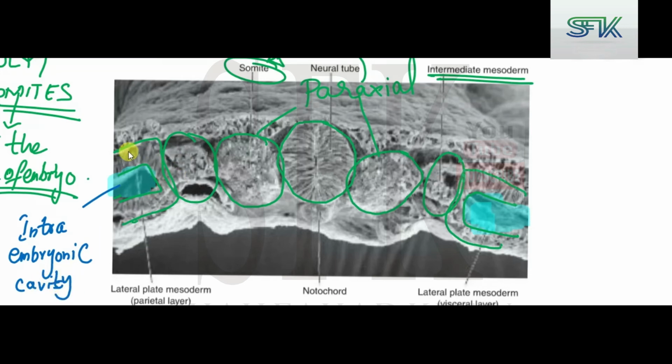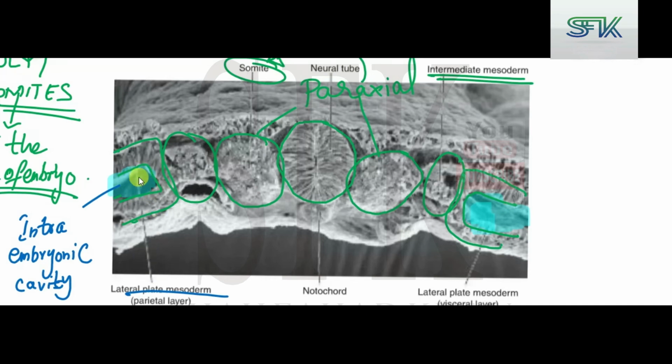Remember, when the lateral plate mesoderm divided into the parietal mesoderm and the splanchnic mesoderm, a cavity formed in between them. So that's the cavity which is present over here.